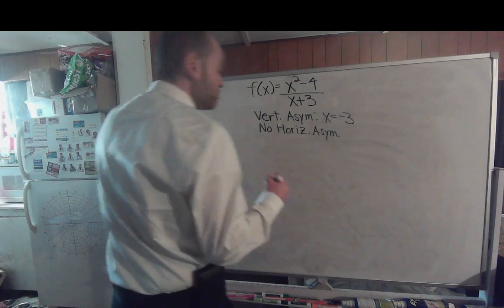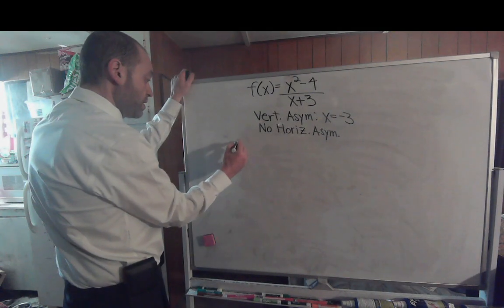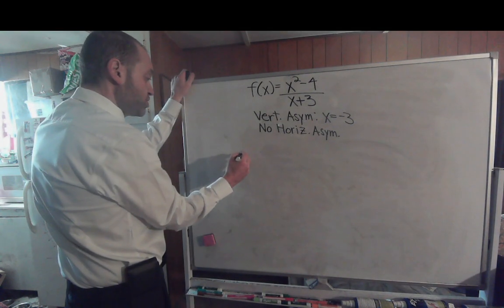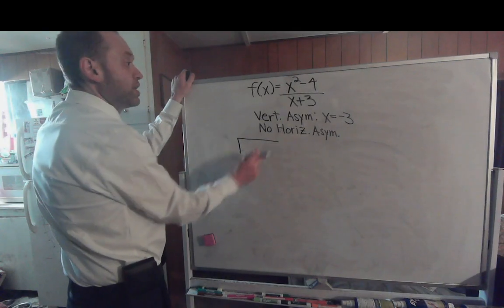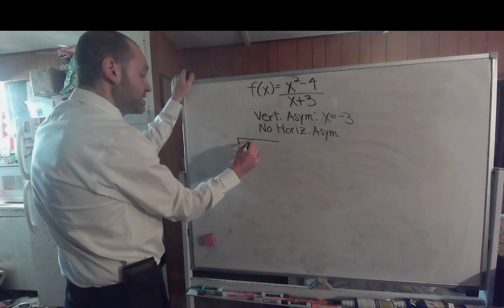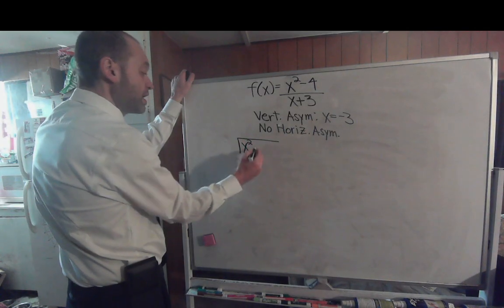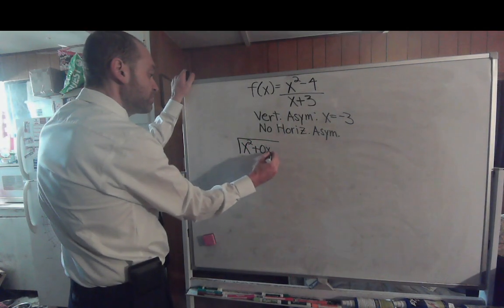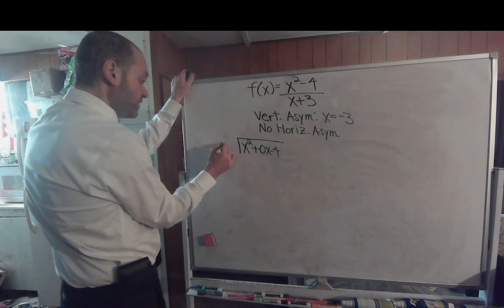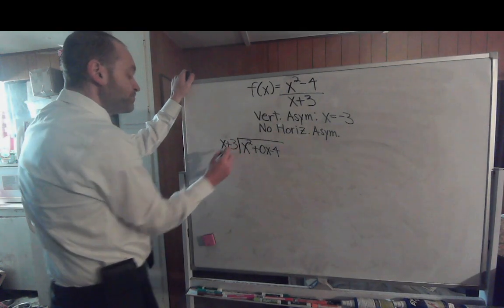That is found by using long division, dividing the numerator by the denominator, so you would get x squared plus 0x minus 4 divided by x plus 3.